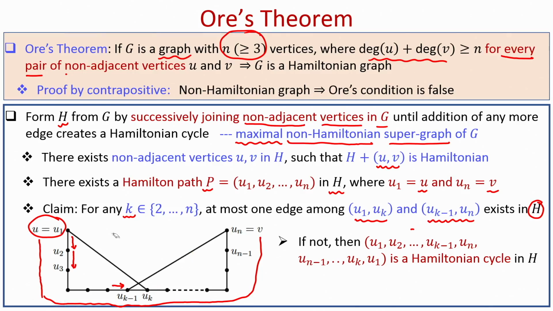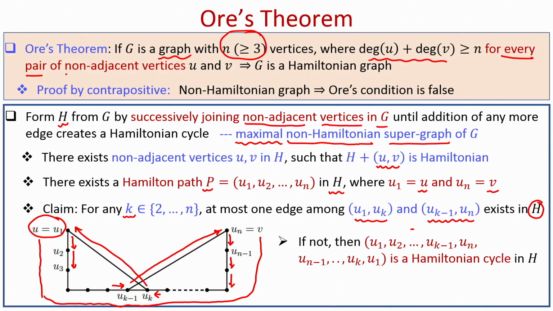But what I could have done instead is the following: if the edge between uk-1 and un is there, I could have followed this edge and then followed the rest of the tour as per the Hamiltonian path. That means go from un to un-1, then un-1 to un-2, and come back all the way to uk. And since you also have the edge between uk and u1, because that is what I obtain by assuming the contrary of the claim, I could follow this edge and end my tour at u1 itself, and I would have covered all the vertices.